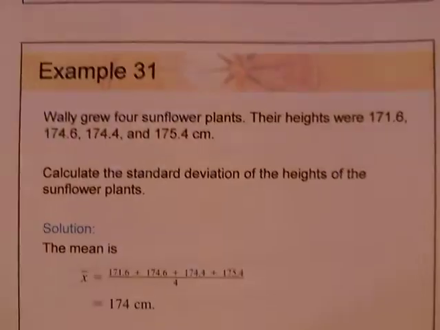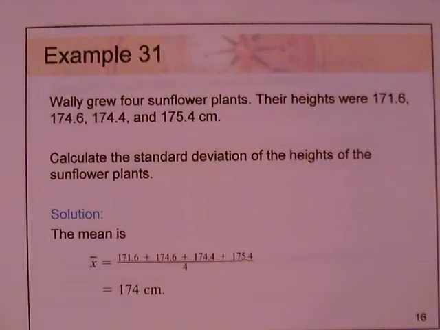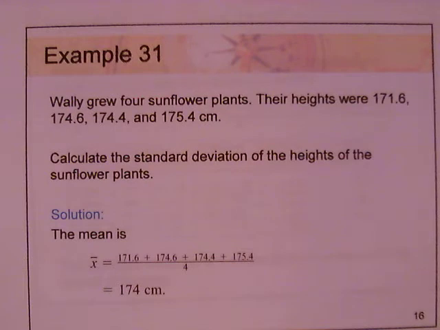Take a look at this example. Wally grew 4 sunflower plants. The heights were 171.6, 174.6, 174.4, and 175.4 centimeters. Here we're going to calculate the standard deviation of the heights of the sunflowers. We first find the mean of those data values.